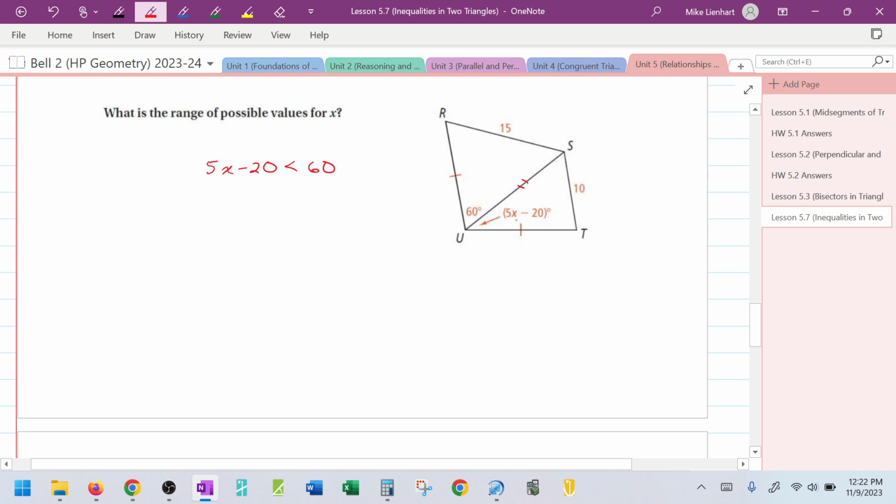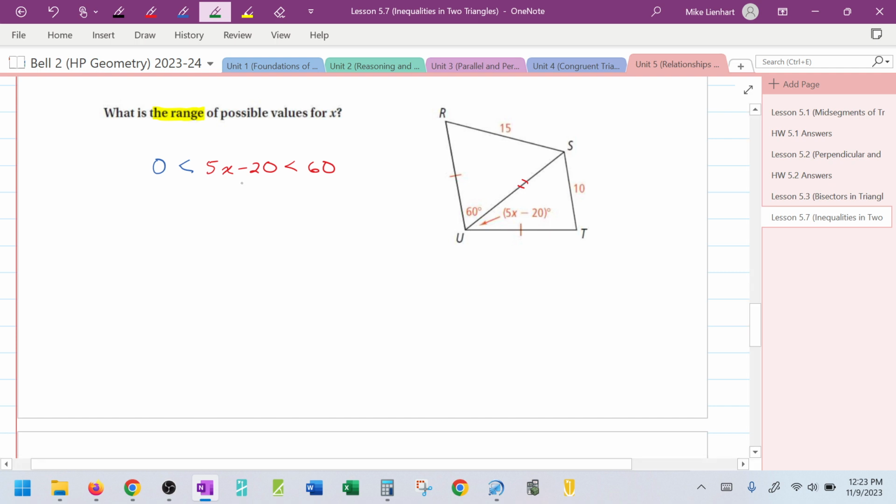But what makes these unique, and the reason they ask specifically for the range, is that not only does it have to be less than 60, but 5x minus 20 must also be greater than 0. Why? Because no angle of a triangle can be 0 or less than 0. This creates a compound inequality, which you solved in Algebra 1 and again in Algebra 2.